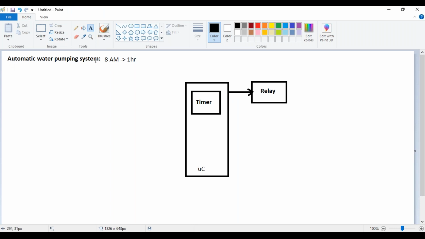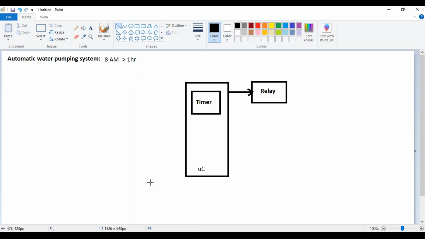Now assume this automatic water pumping system is being designed for Indian farms. Speaking about an Indian farm, do you think it will have a power supply provided 24 by 7?